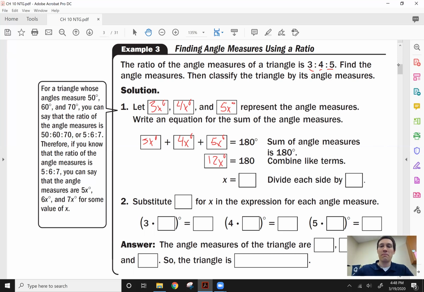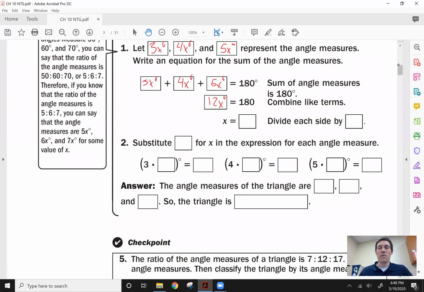equals 180. Since x is being multiplied by 12, the opposite of multiplying by 12 is divided by 12. So x is going to equal 15. All right. So now, since x equals 15, we're going to substitute 15 for x to figure out what the angle measures are.